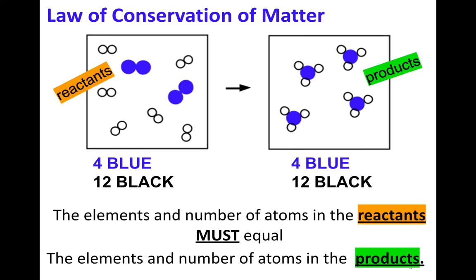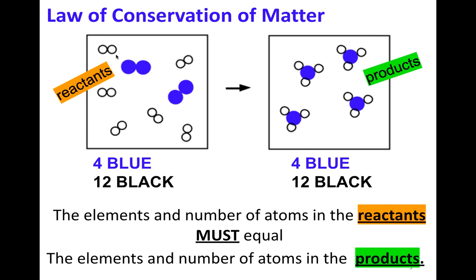Let's take a look at that picture that we looked at before. We had the reactants and the products, and the elements and the number of atoms have to be the same on both sides. So we can look up there and see there are 2 combinations of blue in the first part, 6 combinations of 2 black circles in the reactants.